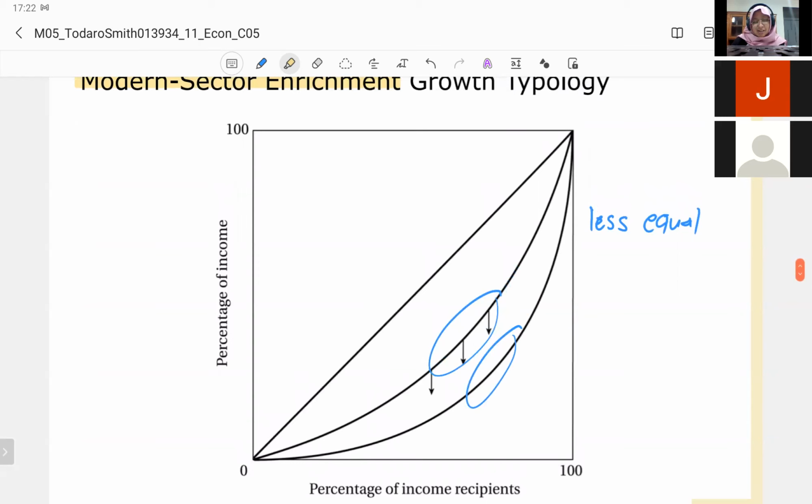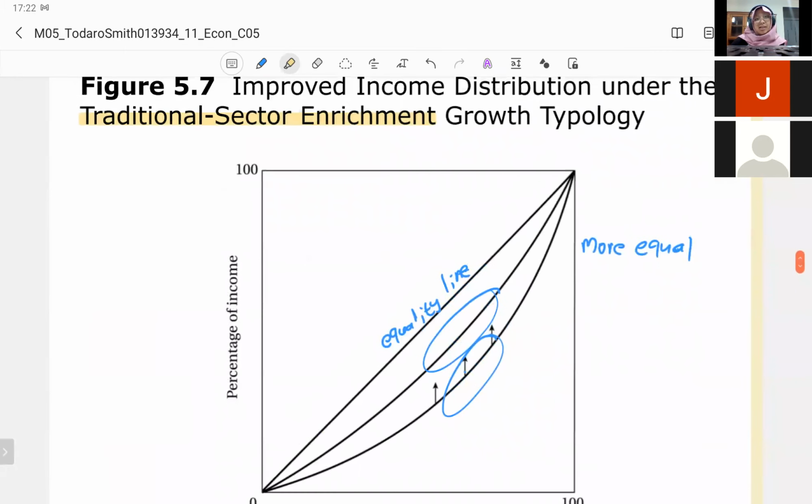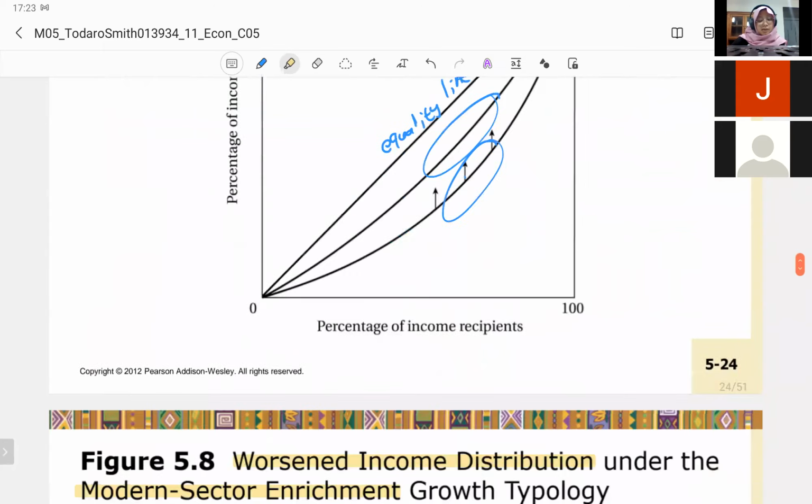Goes to the people who are in the modern sector's pocket, which in this case are mostly rich people. But with the traditional sector enrichment, what you do here is you make sure that the result of the economy goes to the pocket of people in the traditional sector, who are mostly poor people.